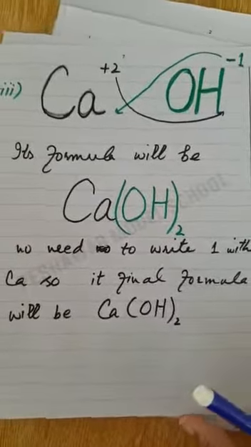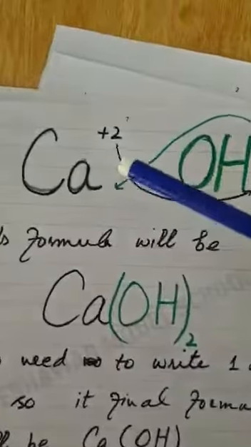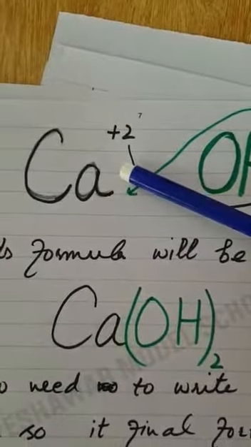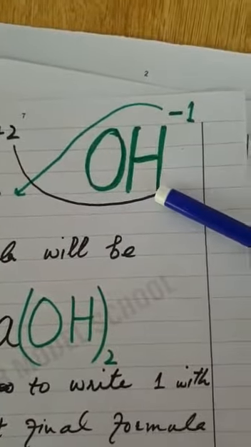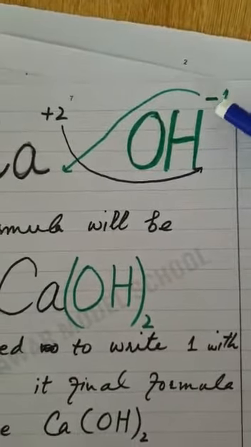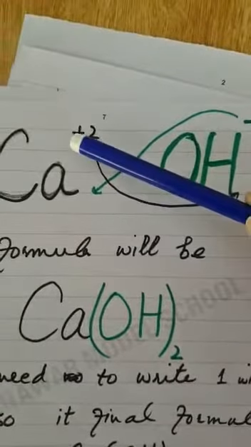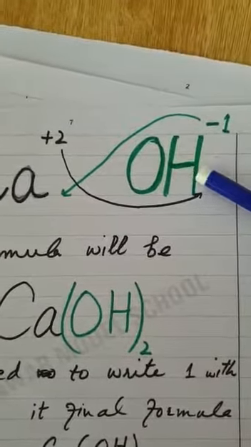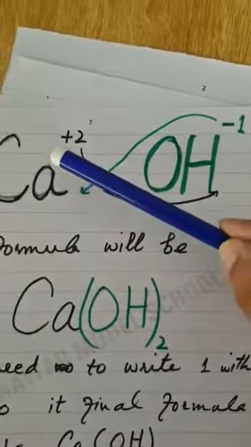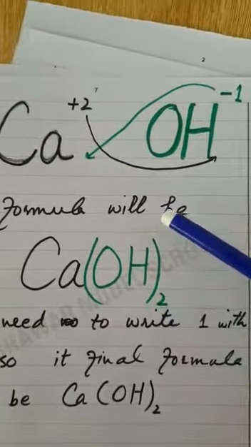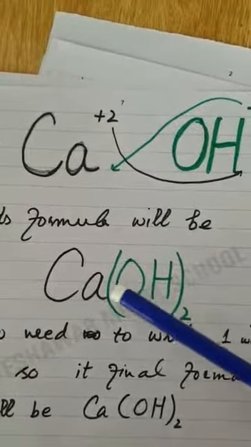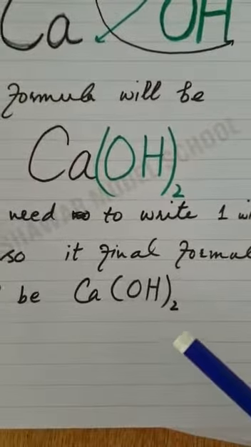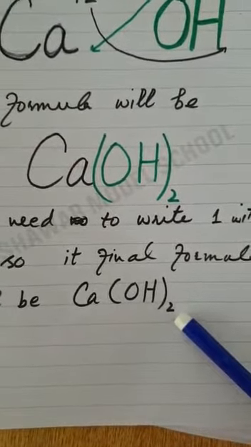Here we have the third example. The valency of calcium is +2, and the hydroxyl ion is -1. What you will do, you will cross the valency of calcium and the OH- ion. For that reason 2 will be written with OH and 1 will go with the calcium ion. As a result, the final formula for calcium hydroxide will be Ca(OH)2.